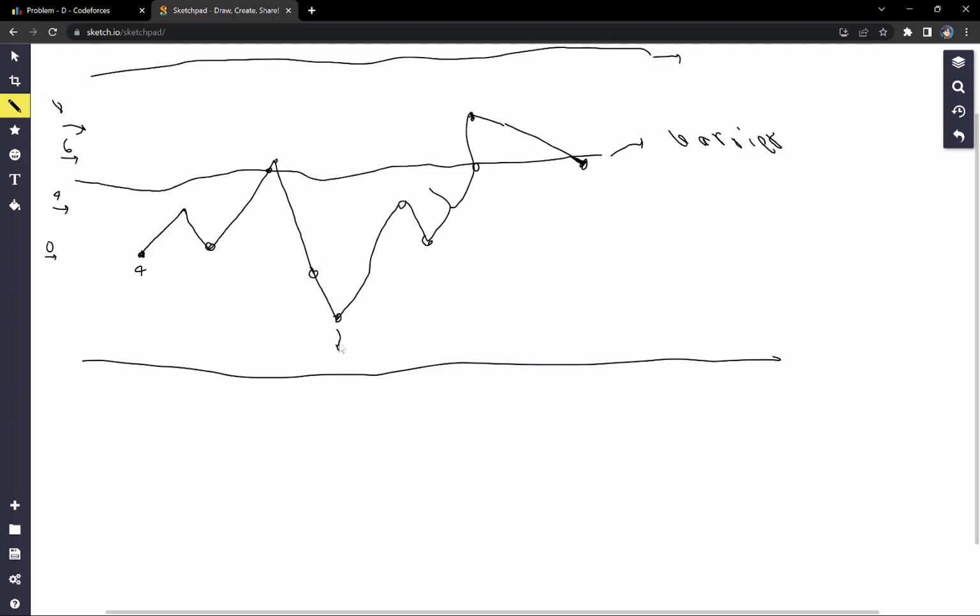So the first observation here is that the barrier line should always be between the minimum rating possible and the maximum rating possible. That is the first thing, right?